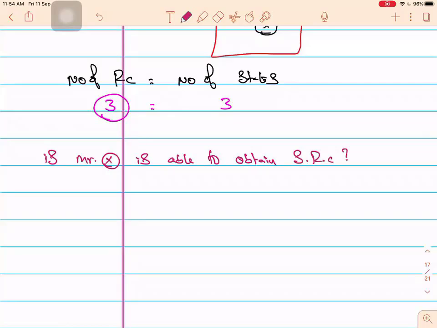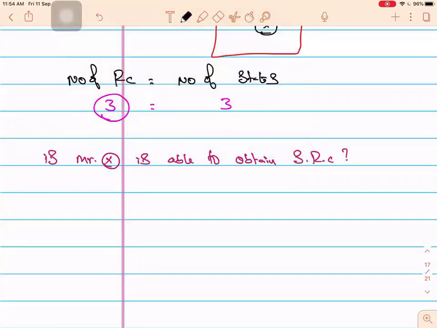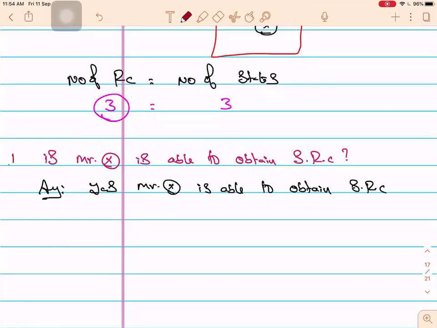What is the answer here? Yes, Mr. X is able to obtain separate RC. Understood. This is question number 1.